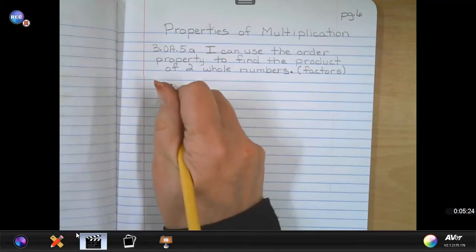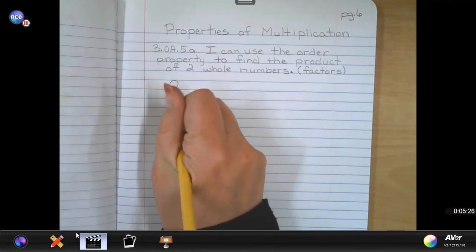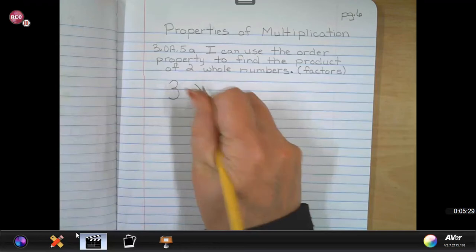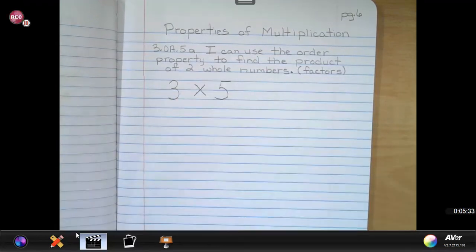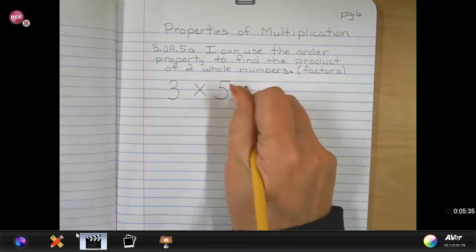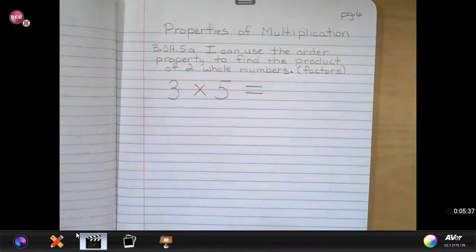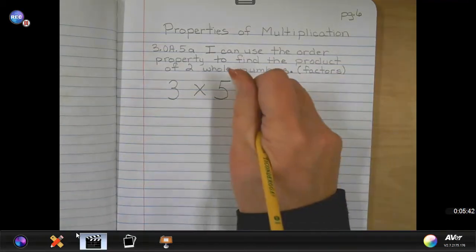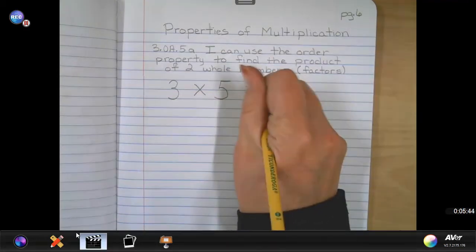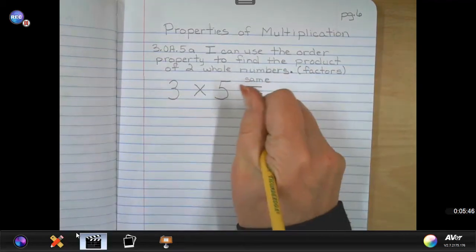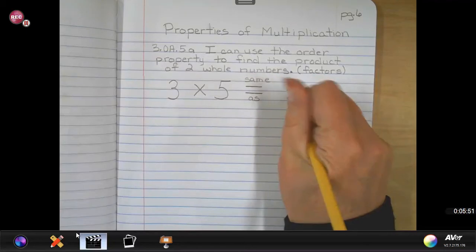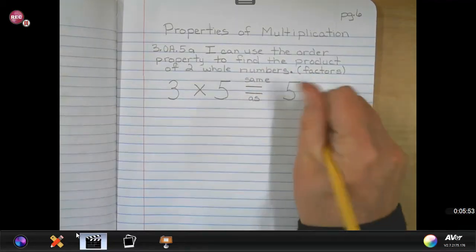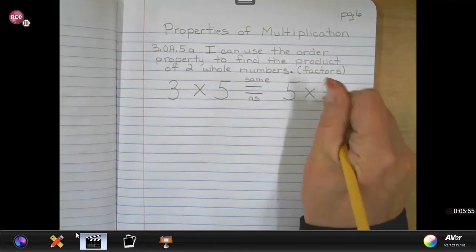We're going to give an example here. If I were to use 3 times 5, 3 times 5 is the same as, remember that an equal sign means same as, 5 times 3.